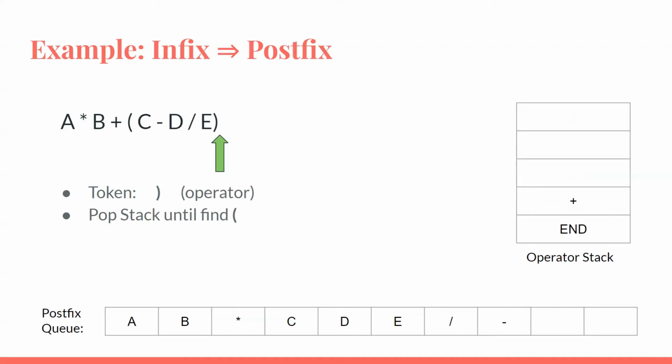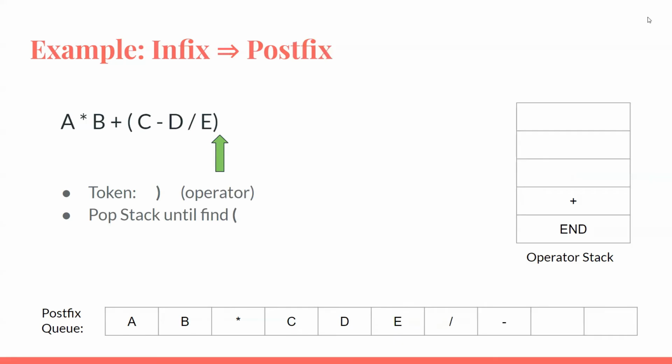Notice how we also got rid of the open parentheses, but in postfix, you don't have open and closed parentheses because they're not really necessary. You know what order to evaluate them by nature, since the operators are always after the operands.